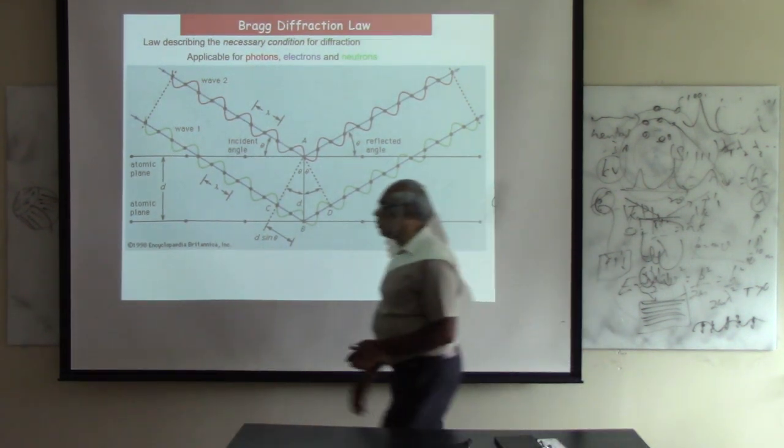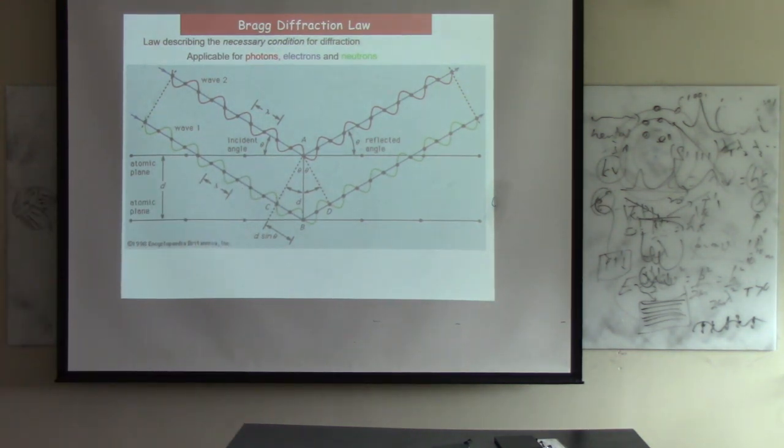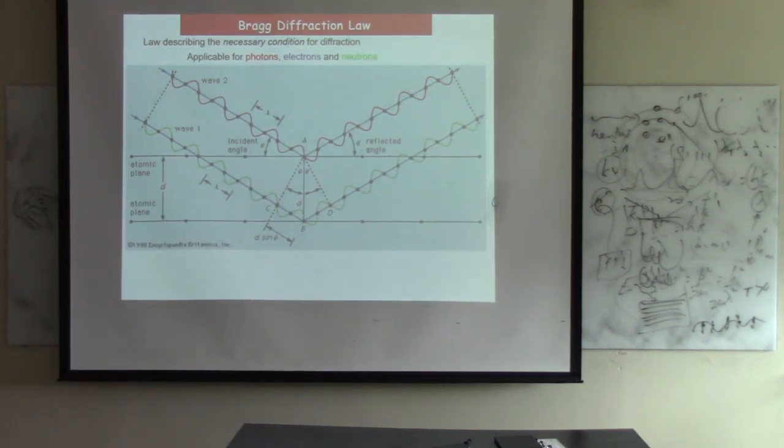So one thing to remember: if you have the path length, say delta r, and this path length is an integer number of lambda, this is typically constructive. That can be lambda, 2 lambda, 3 lambda, like that.